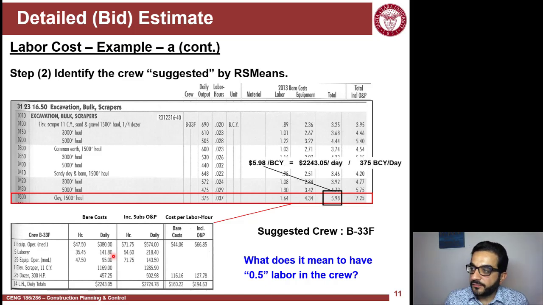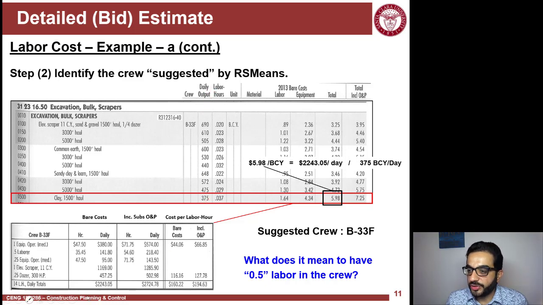So if I look at this number here, the total of the line item is suggesting that the total of labor and equipment is equal to 5.98. Where do we come up with this number? It's equal to the daily cost of the crew divided by the daily production of the crew, or the daily output.